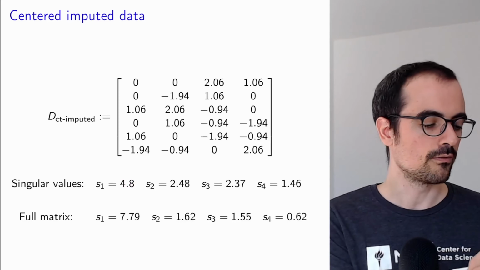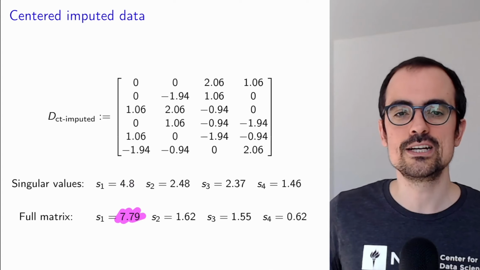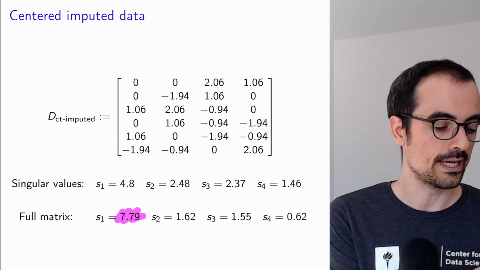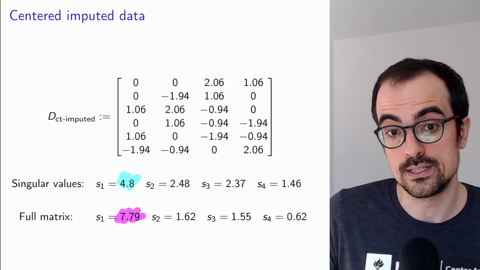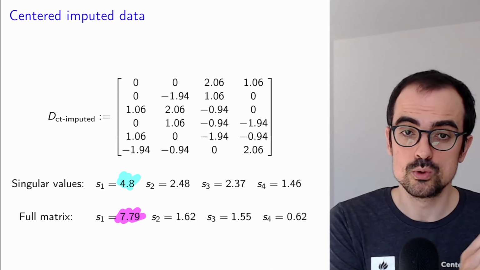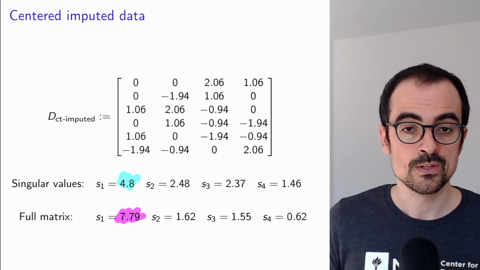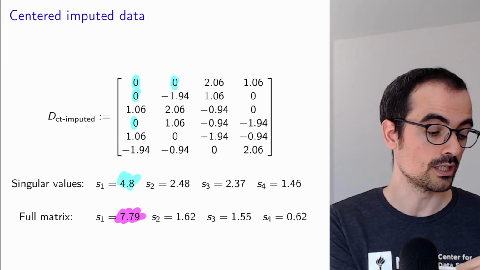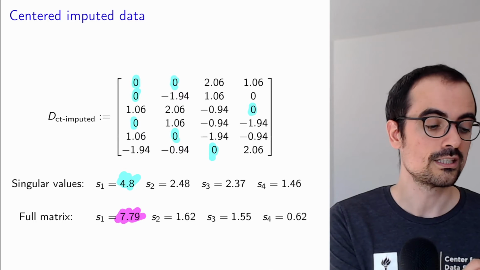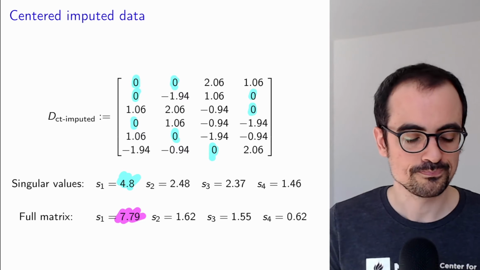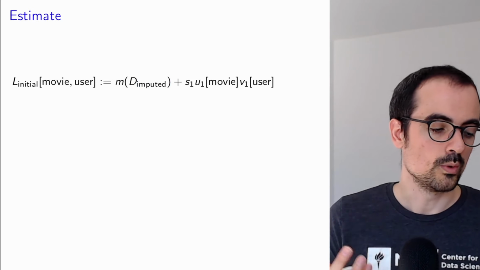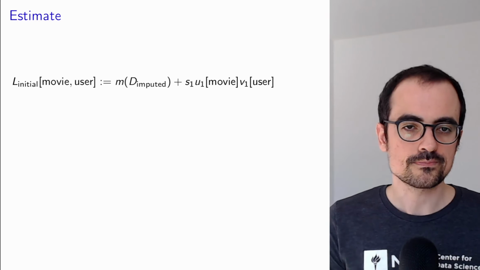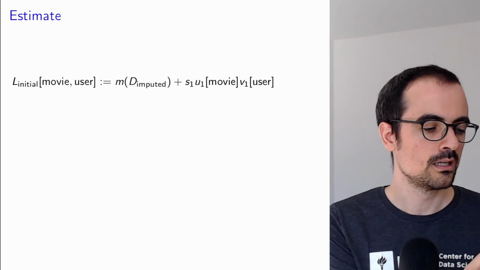When you take the SVD of the full matrix, you can clearly see the rank 1 structure much more than when you take the SVD of the imputed matrix. Why? Because you see much less structure. These entries have been imputed to just be zeros. They should not. They each have much more extreme values. But still, we can fit a rank 1 model to this imputed matrix.